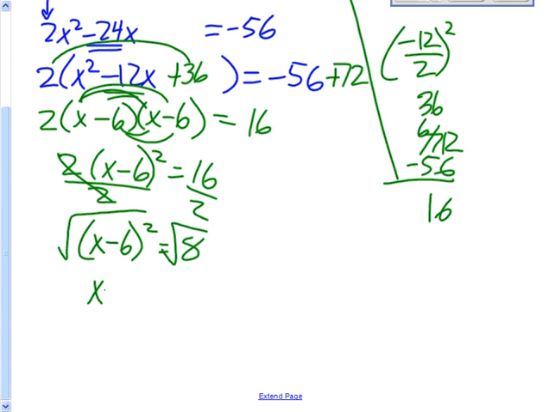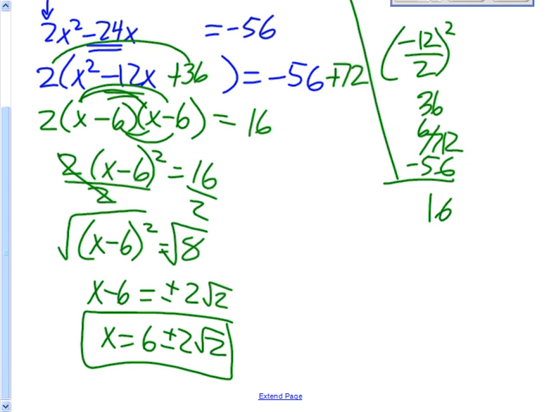Square root, x minus 6, plus minus, we square root, that's 4 times 2, so 2 root 2, add 6. And we're done with that, okay?